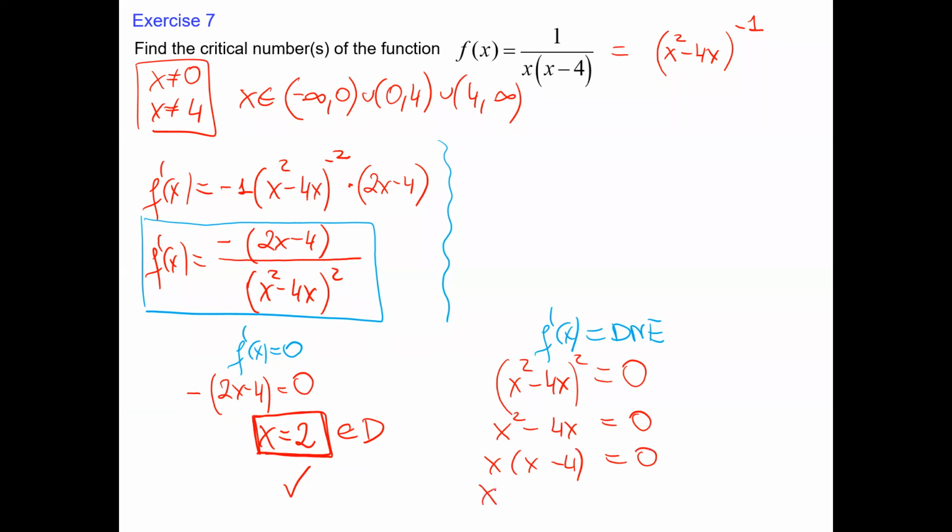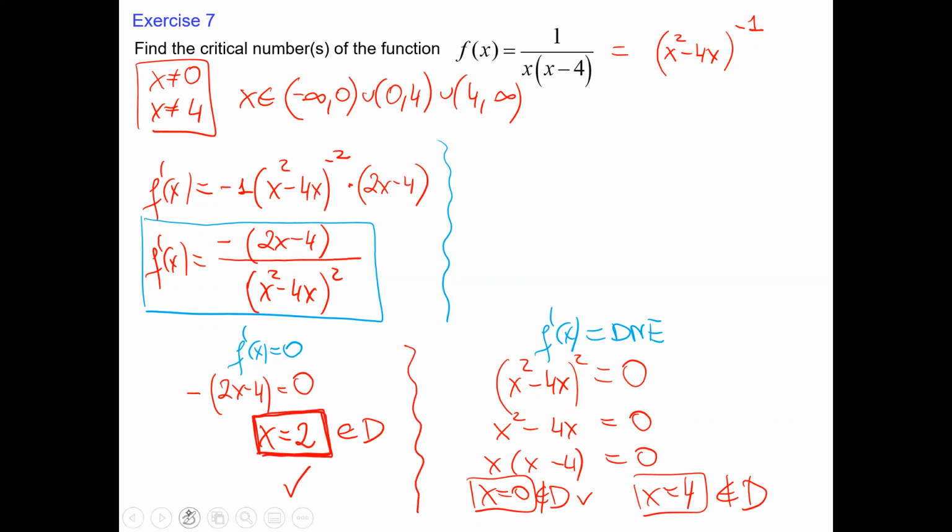And we see 0 and 4. And that's actually funny. Derivative is undefined at 0 and 4, but 0 is not in the domain and 4 is not in the domain. That means only 2 is a critical number. They are not critical numbers.